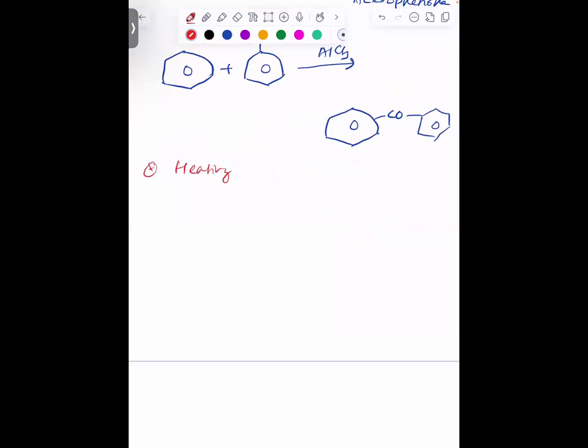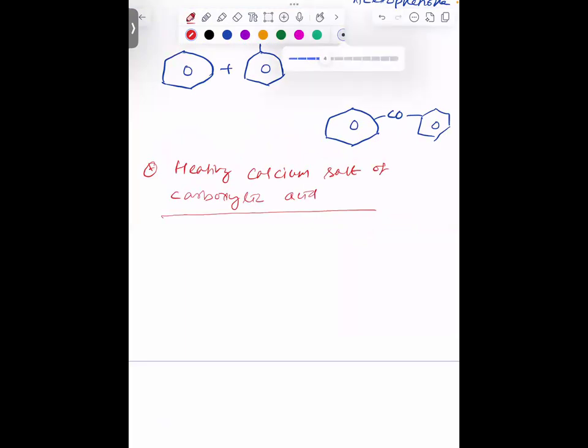That is heating calcium salt of carboxylic acid.